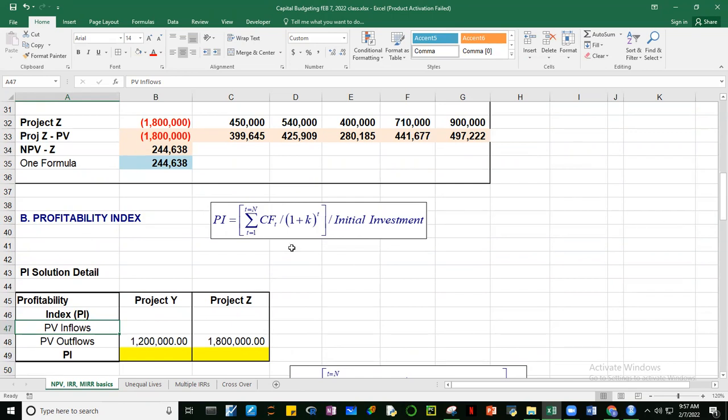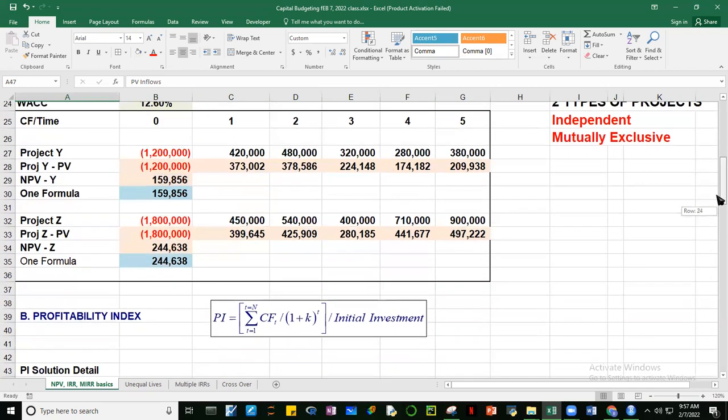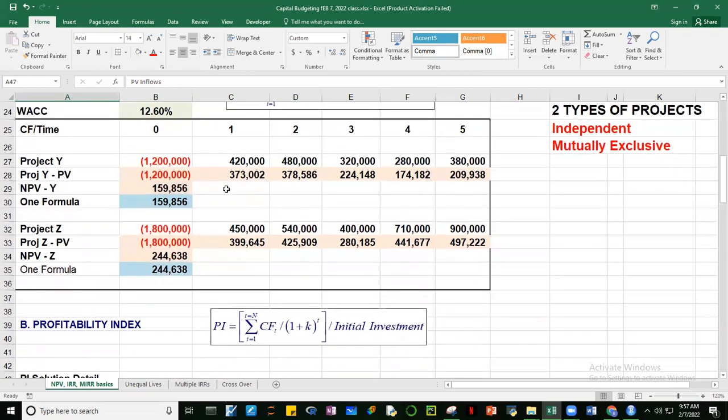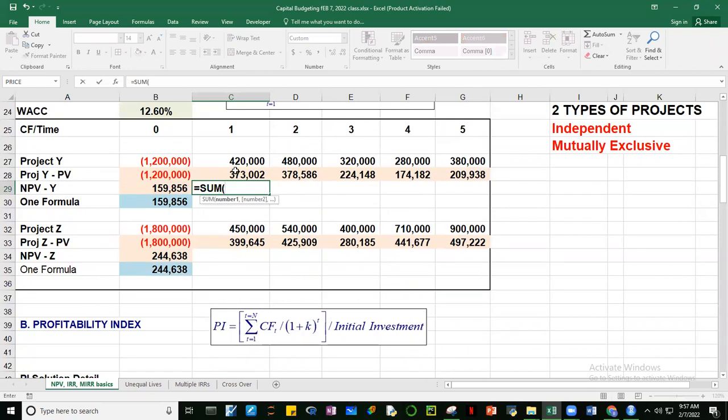Okay, apology. It's not the net present value. If you take a look at this formula, guys, it's the cash flows discounted from t is equal to 1 to t is equal to n. So what we are interested in is the present value of our cash flows. So where do we get that? We can get that here, right?